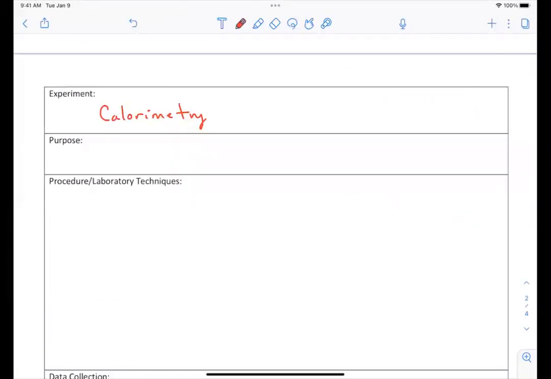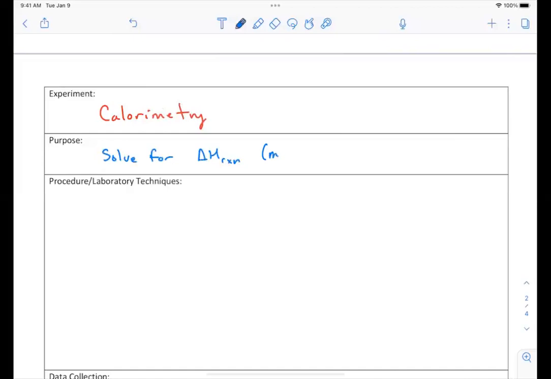Okay, so change my mind. We're doing calorimetry because I didn't want to do both kind of hard experiments on the same day. So we'll do one easy, one hard for each one. So calorimetry here. Calorimetry is from topic 5, enthalpy, and the purpose of this is to solve for delta H of reaction.